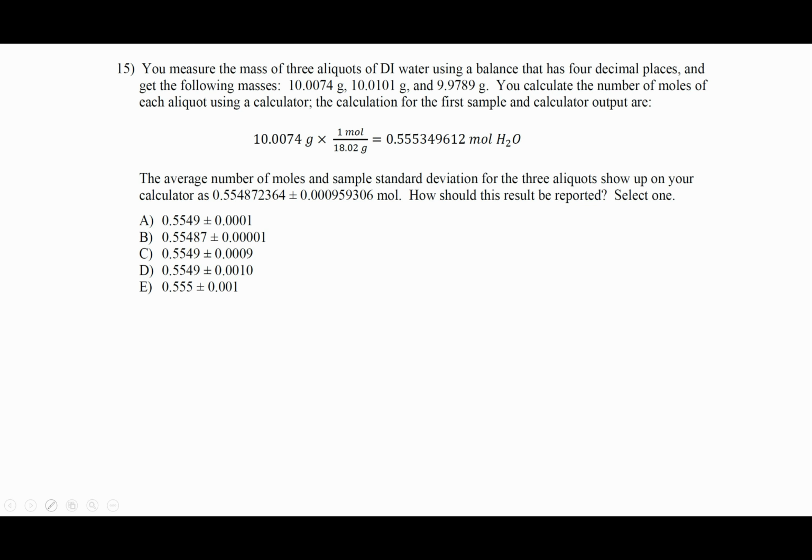The average number of moles and sample standard deviation from all 3 aliquots shows up on your calculator as 0.55487236 plus or minus 0.000959306. Okay, rule number 1. Does it begin with a 1 or 2? No, then I must report it with 1 sig fig. So plus or minus 0.0009. But that 5 will have it round up.